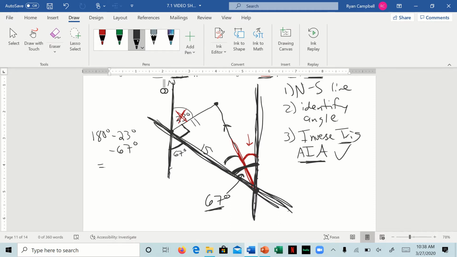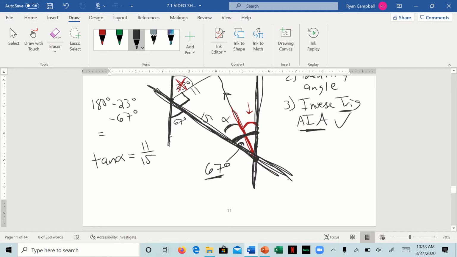We actually see that we could use tangent. Tangent of this angle, let's call it alpha, super doesn't matter. So tangent of alpha is 11 over 15. So we see that that's positive. When is tangent positive? It's in the first quadrant and the third quadrant. We need to talk about both of those.